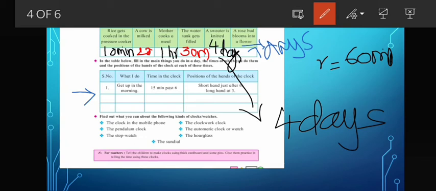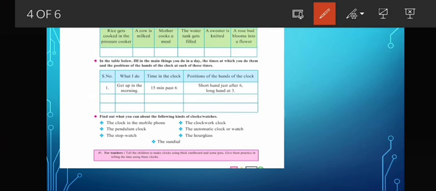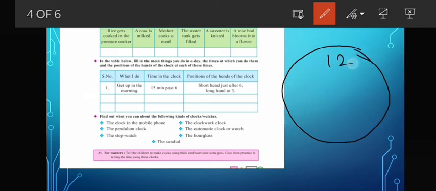Similarly, whatever activity you do, write the time on the clock. So when I get up in the morning it is 15 minutes past 6, meaning 6:15. How do we know it is 6:15? See, for example, there is this clock. 12, 1, 2, 3, 4, 5, 6, 7, 8, 9, 10, 11.